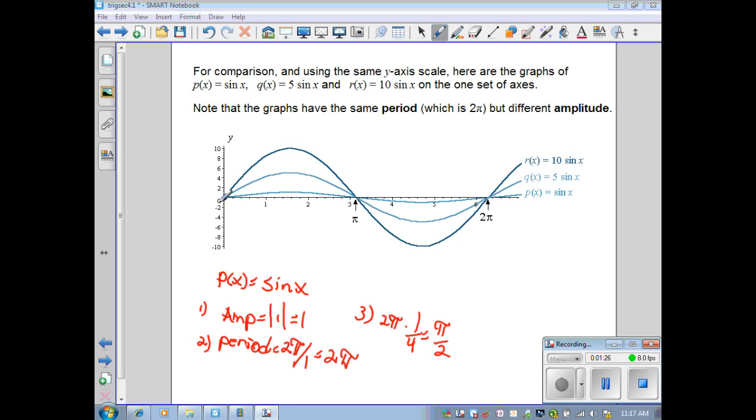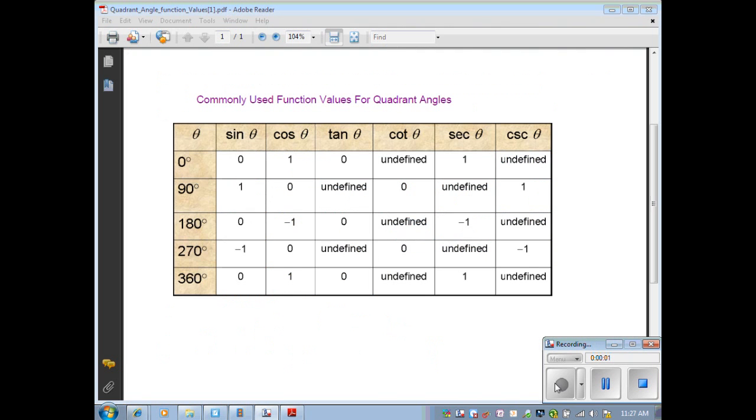So if I count 0, 1 pi over 2, 2 pi over 2, which is pi, 3 pi over 2, and here would be 4 pi over 2, which is 2 pi. So how do I determine the values at the quarter points, which are 0, pi over 2, pi, 3 pi over 2, and 2 pi?